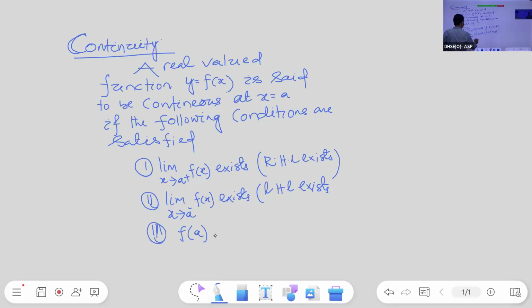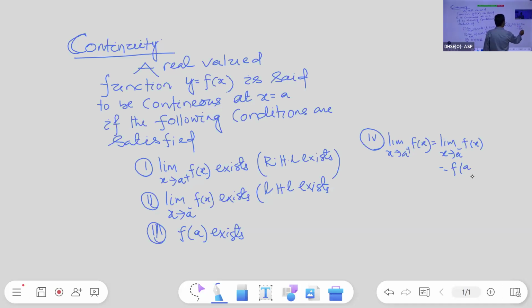F of a exists. And the fourth condition is LHL is equal to RHL is equal to the value of the function: the limit as x tends to a plus of f of x equals the limit as x tends to a minus of f of x equals f of a.